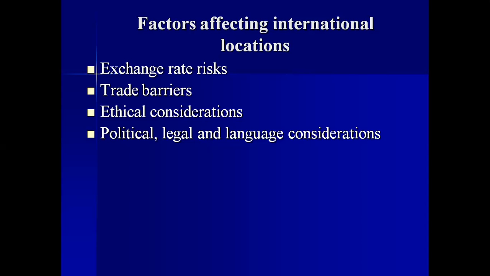Then language considerations. Whenever people buy something, they first read what is written on the packaging: the expiry date, the ingredients involved, the flavor, and all that. If the people in the country you are moving into are not familiar with the language you are using, there could be a problem. They won't buy from you because if they cannot read what is written on the packaging, there will be uncertainty, so they won't buy.